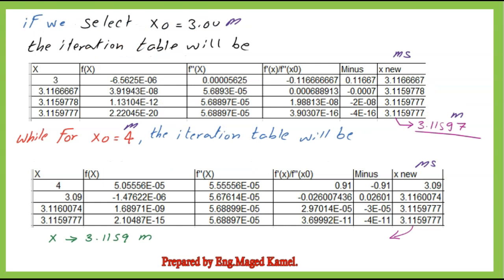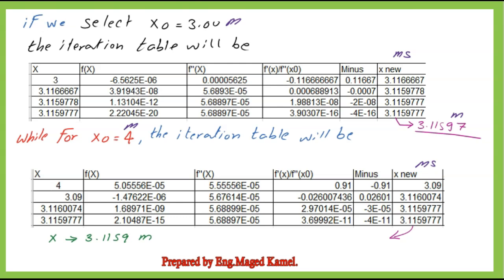Suppose somebody would like to take a starting point with a different value. So I have prepared two starting points with different values than 2. The first point will be x naught equal to 3. The same technique will be used. We will put the value of x equal to 3 and find the f dash of x and f double dash.